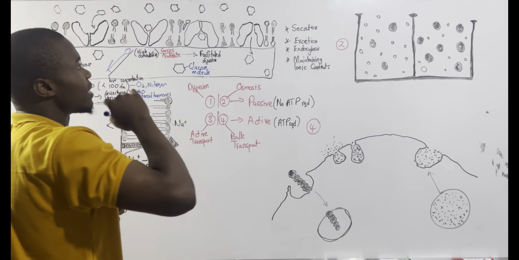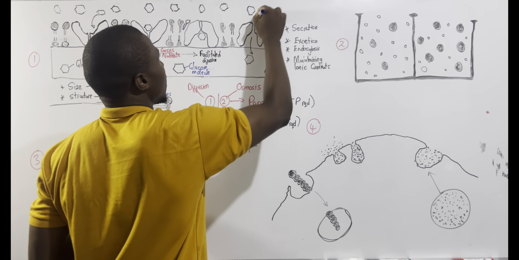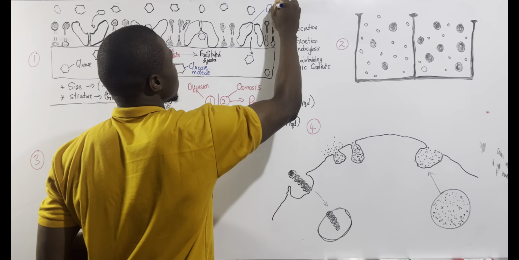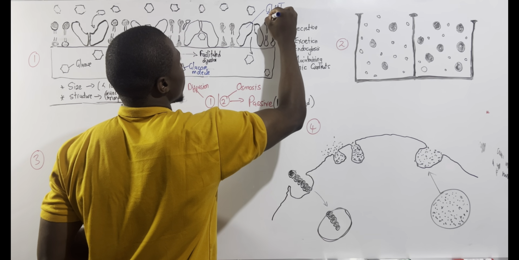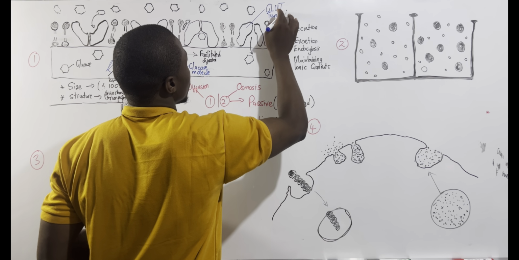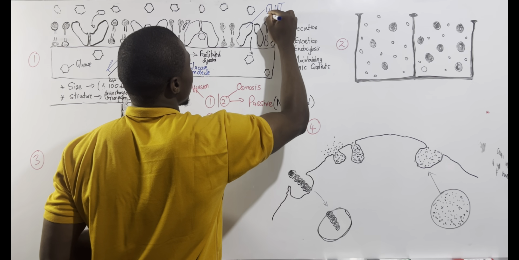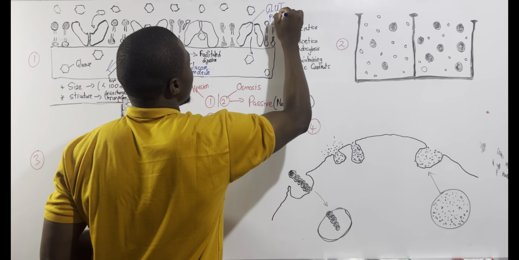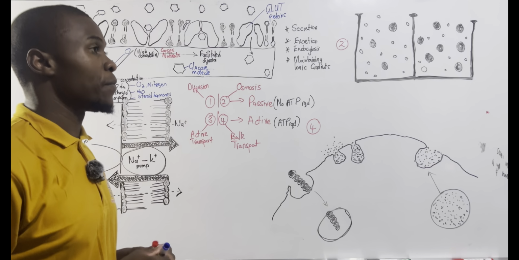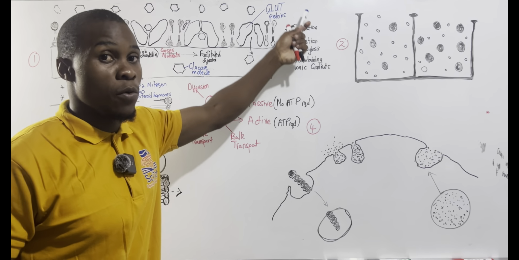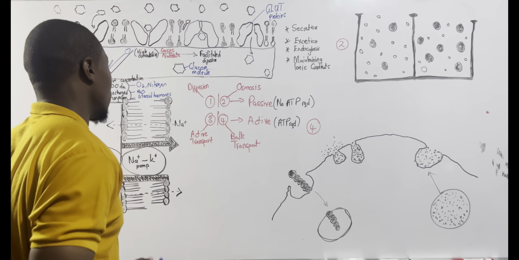These carrier proteins carry a specific name. They are called GLUT transporters, or GLUT proteins rather. GLUT is an abbreviation which represents glucose transporter proteins.